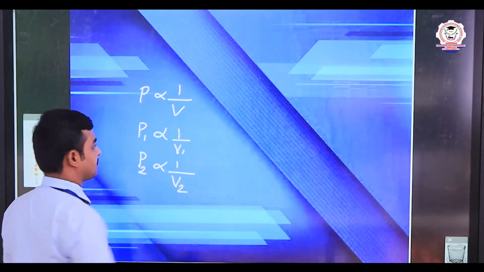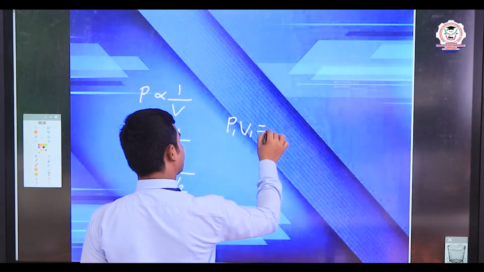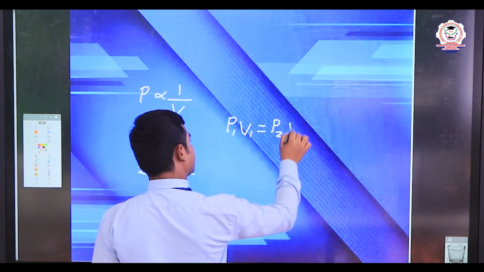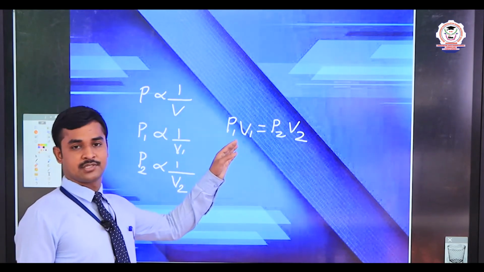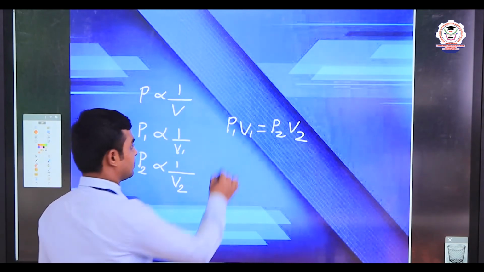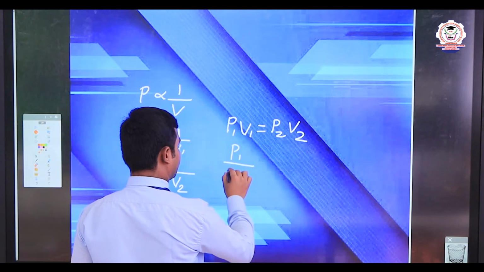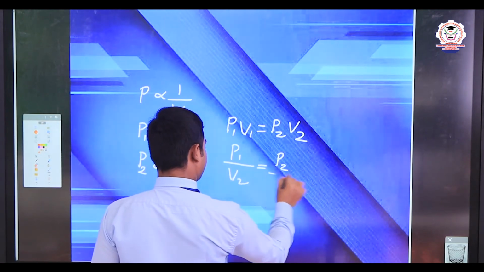We can write this equation as P1 V1 equal to P2 V2. This is also the mathematical expression for Boyle's law. P1 V1 is equal to P2 V2. Here you can write it as P1 divided by V2 equal to P2 divided by V1.